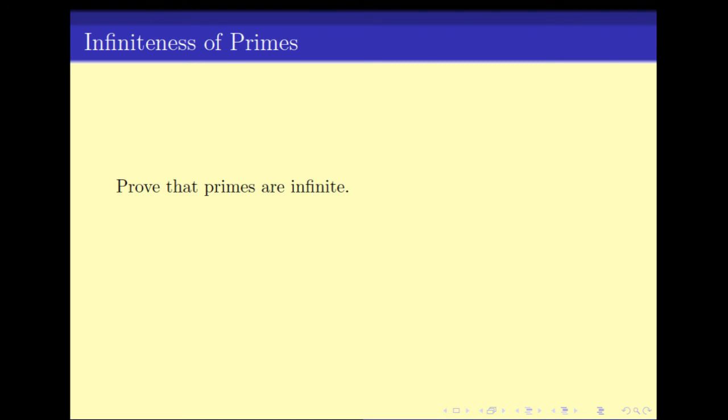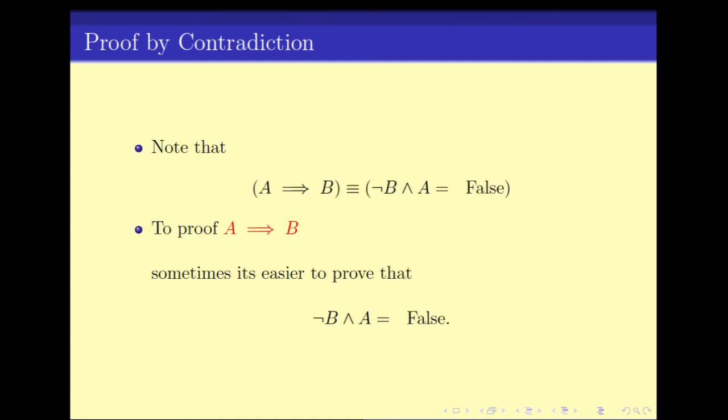For proving this, we will come up with a completely new proof technique. This proof technique is what is called proof by contradiction. The basic idea is that if you have been asked to prove A implies B, sometimes it is easier to prove not B and A is false.